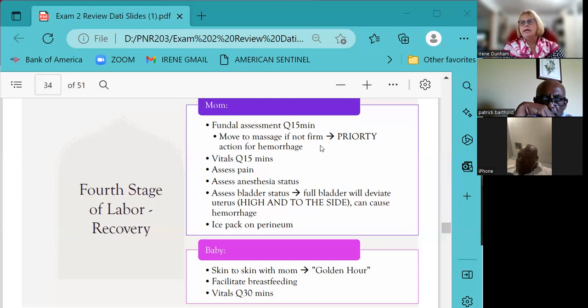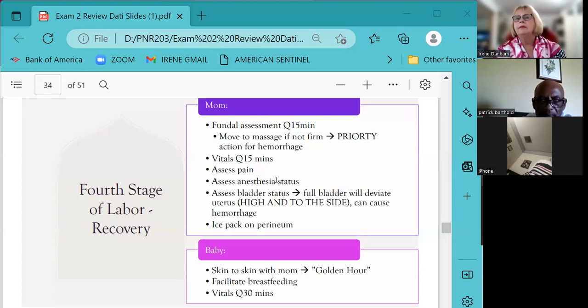I'm going to take vital signs every 15 minutes and assess her pain every 15 minutes. If she didn't have an epidural, she may have pain related to all the Pitocin I'm giving her afterwards in the 4th stage of labor.